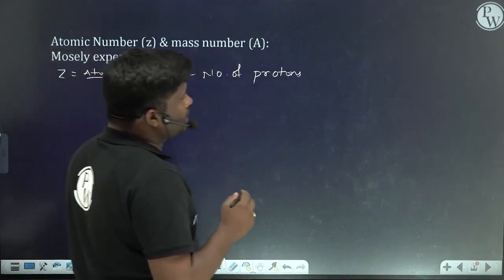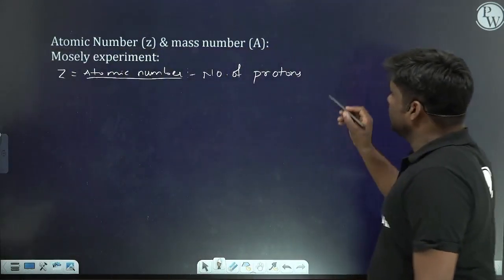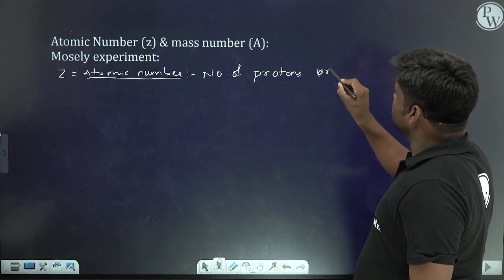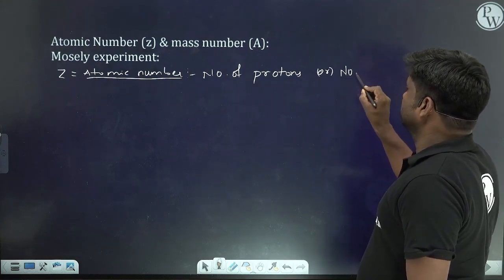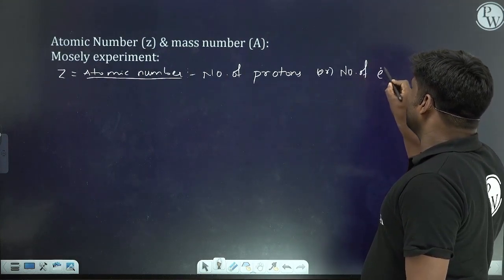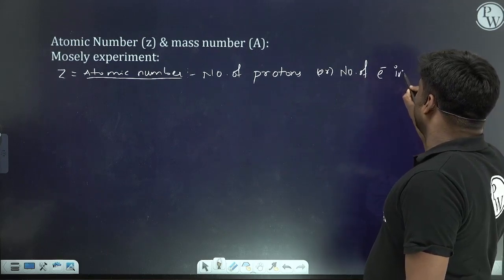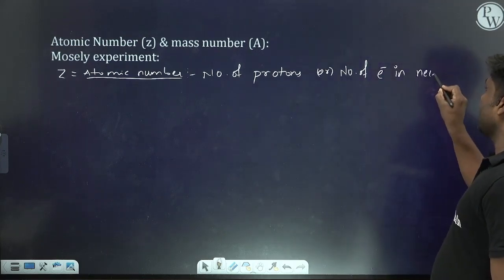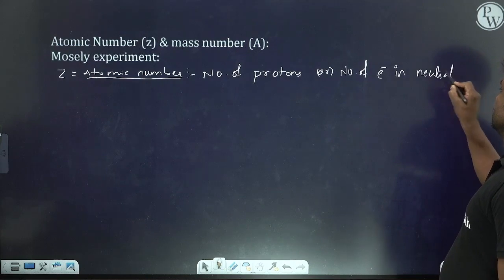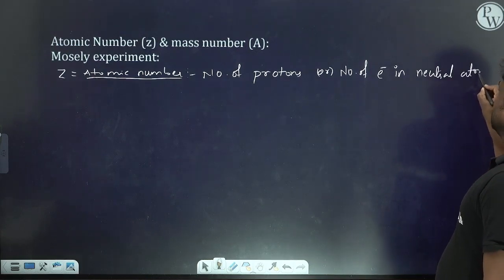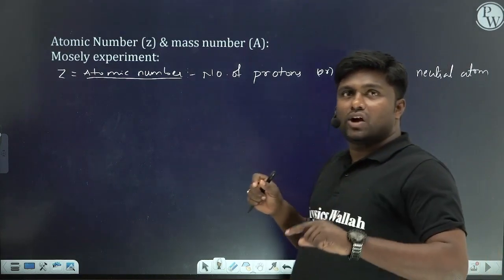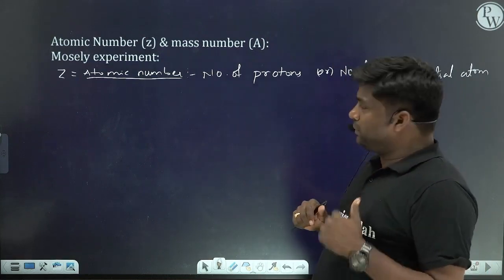Or else it is also described as the number of electrons in a neutral atom. Neutral atom, okay, because the number of electrons in an ion is not equal to the atomic number.